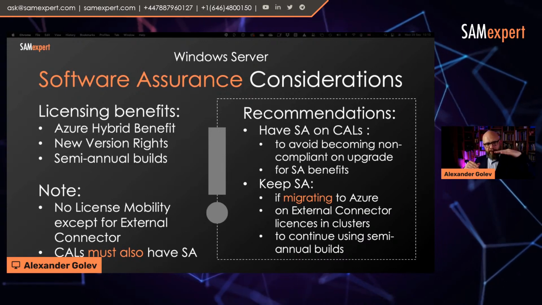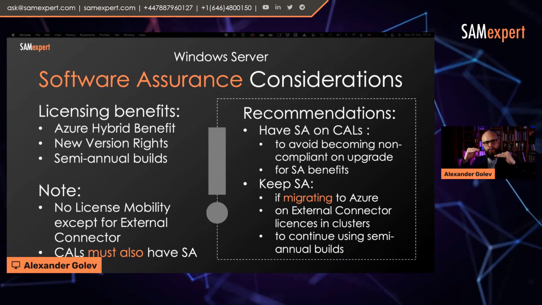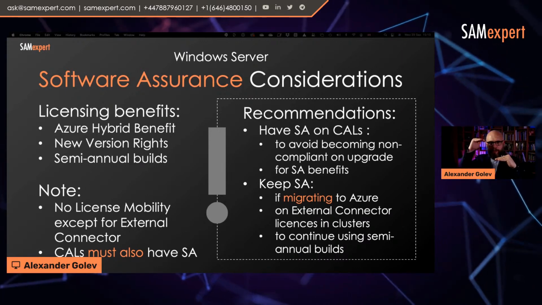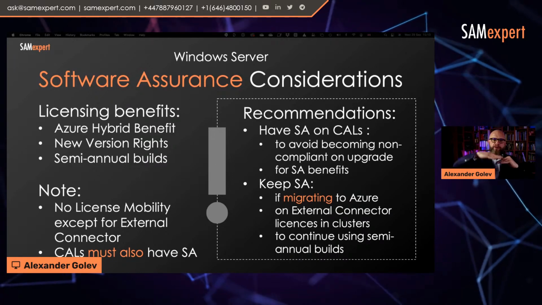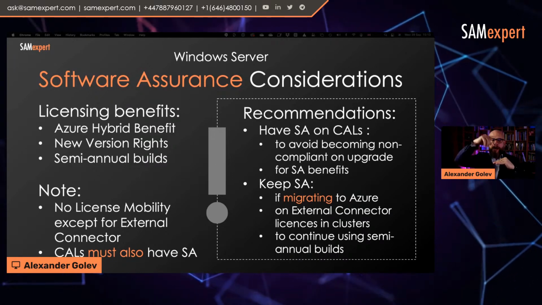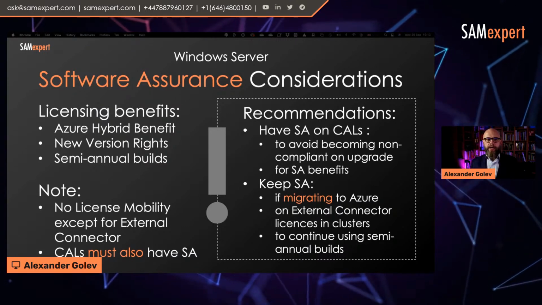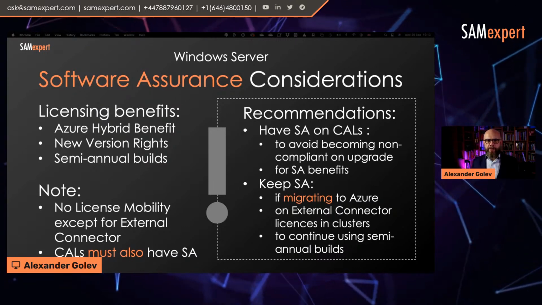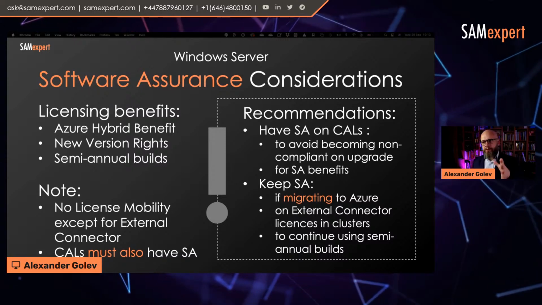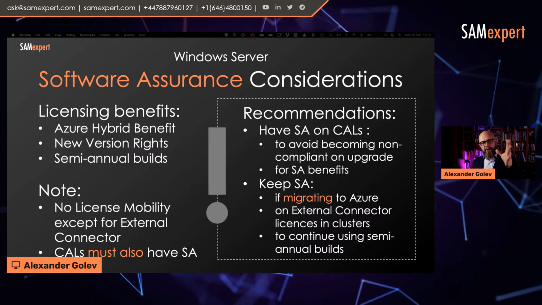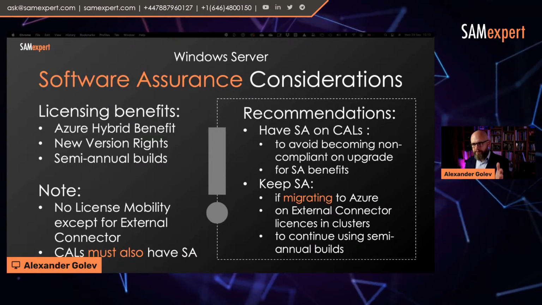So if you have 2016 CALs and somebody upgrades to 2022 today, all your CALs have to be upgraded to 2022. When you have software assurance on the client access licenses, they just upgrade automatically. You don't need to think about it. That's why I always recommend keeping software assurance always active on client access licenses.